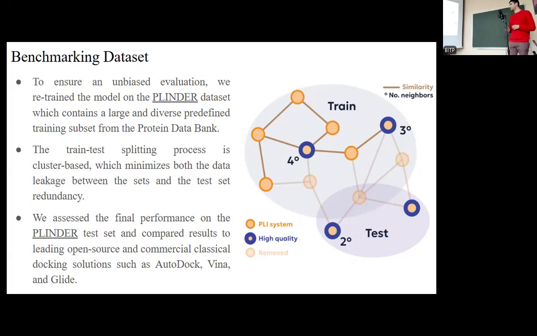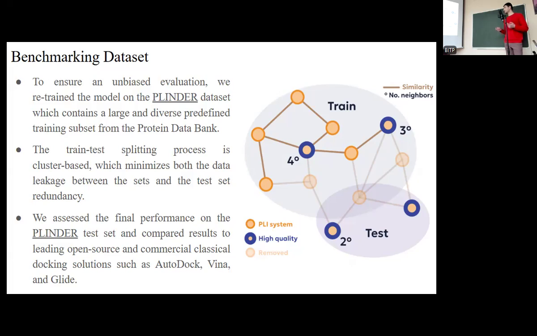And by using this cluster property to divide the data into training and test splits, we can ensure that there are no protein-ligand complexes in the test dataset that have some noticeable similarity to training data. And we evaluate our model on data that the model hasn't seen during training.